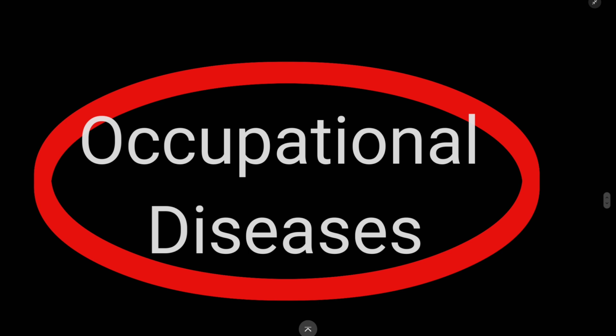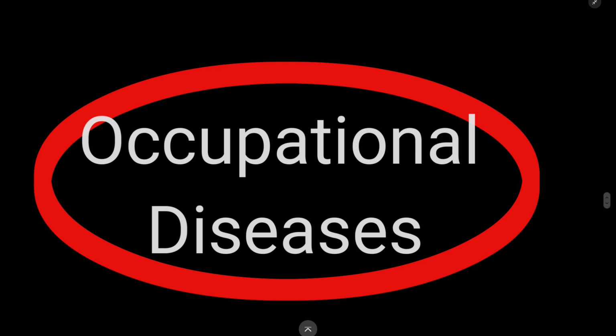Some common examples include asthma caused by dust or fumes, hearing loss from noise, and carpal tunnel syndrome from repetitive motion. These diseases can affect workers in virtually any field, from construction sites to office environments. The key is recognizing the risk early and taking action to protect yourself.